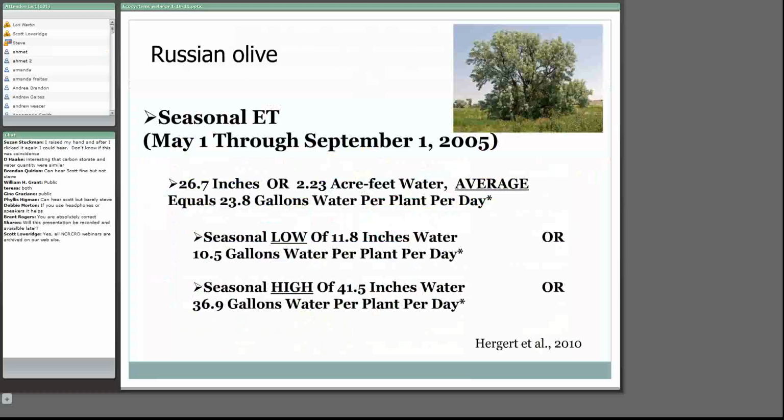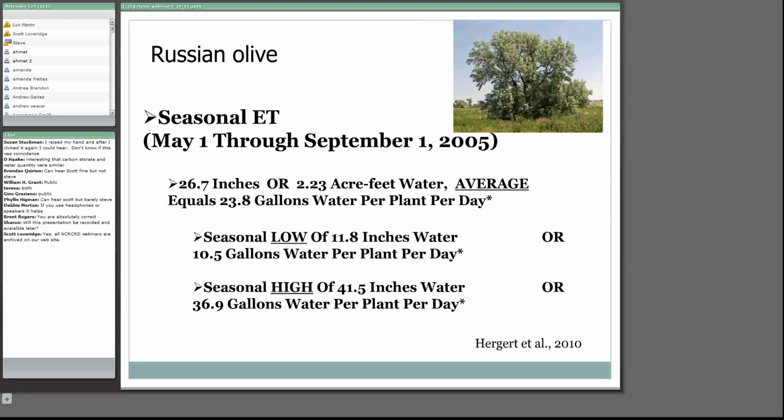Another example of that is some work that's actually being done in Nebraska, looking at seasonal ET, in this case of Russian olive, a very prominent non-desirable plant that occurs in riparian areas. We can see quite a range of ET values, depending on season.